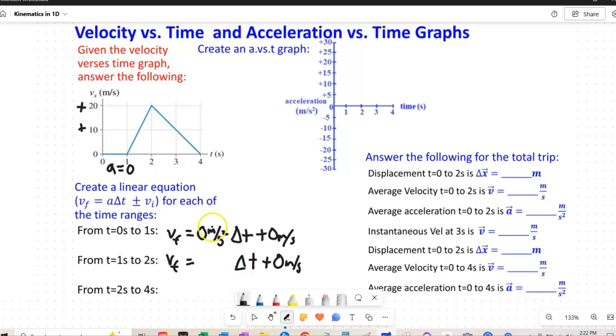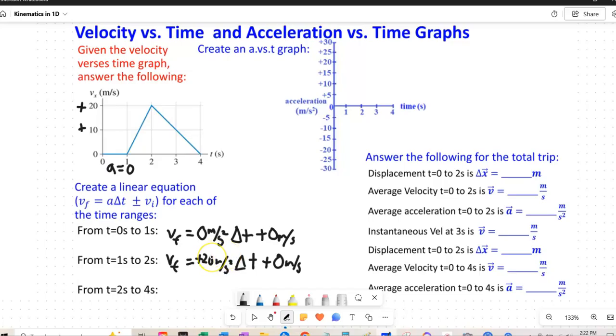Let's figure out the acceleration just from the graph. This is rising by 20 and it's only going over 1. So that acceleration is 20 divided by 1, positive 20 meters per second squared.